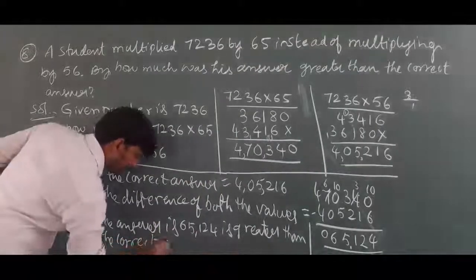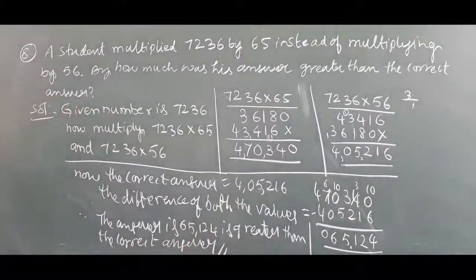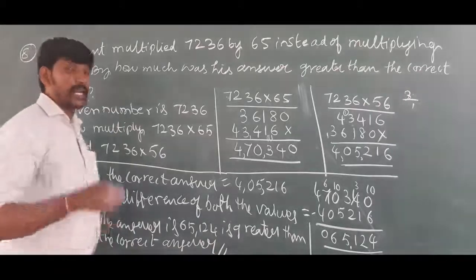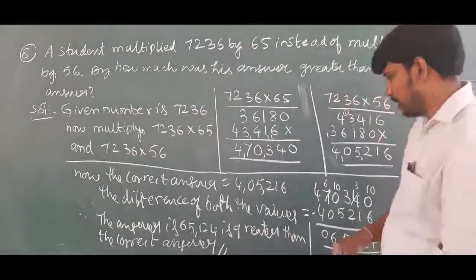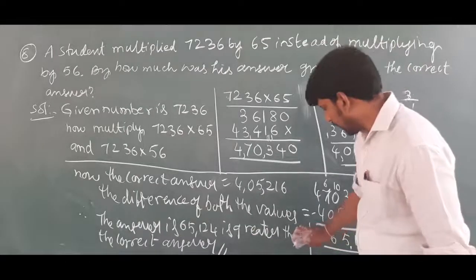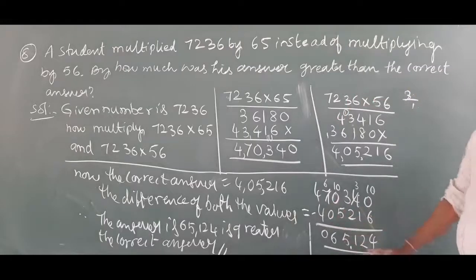Clear, children? Is this clear? So 65,124 is the greater value. This much is greater than the correct answer. Please copy this.